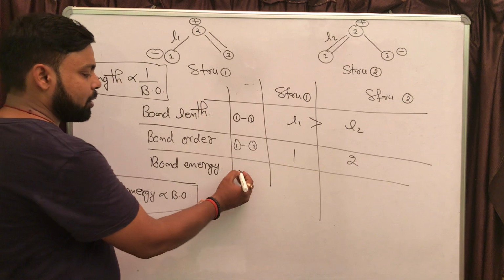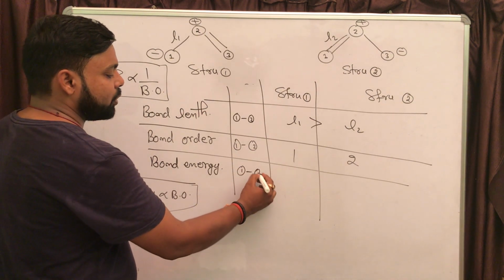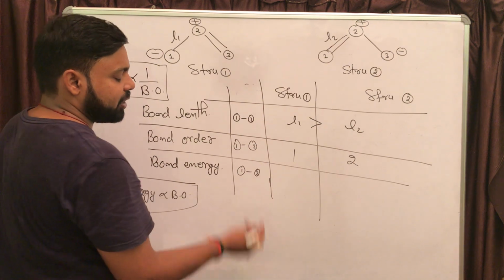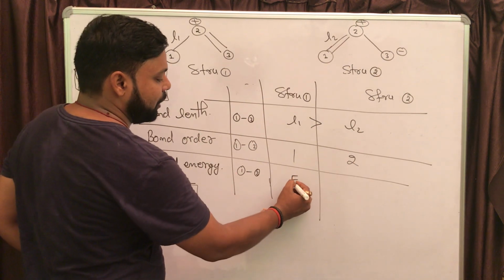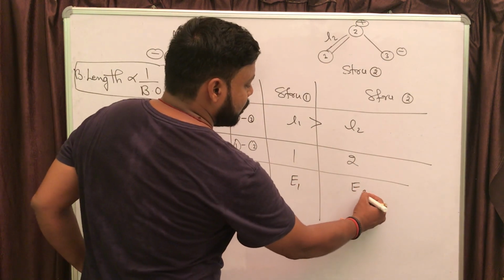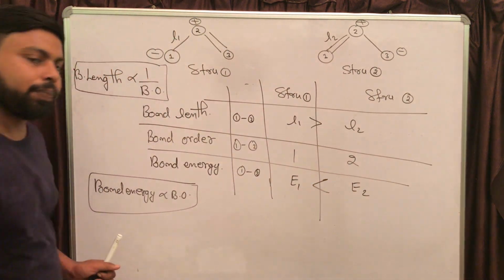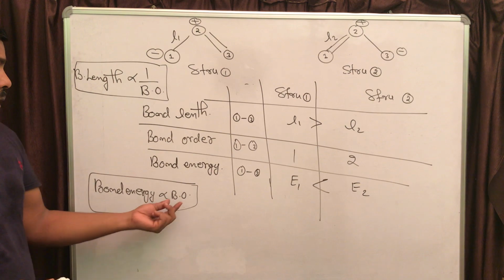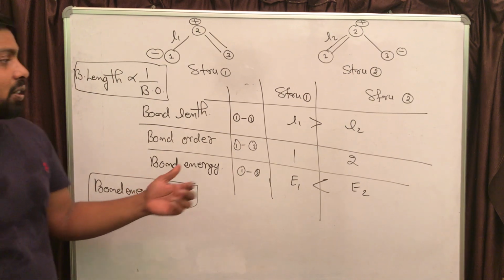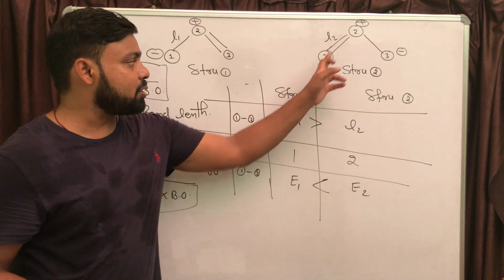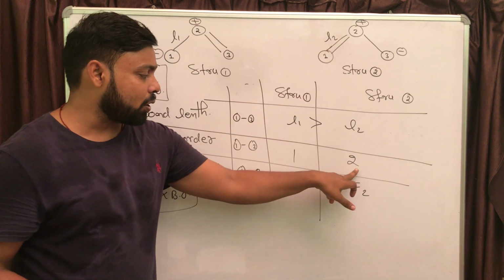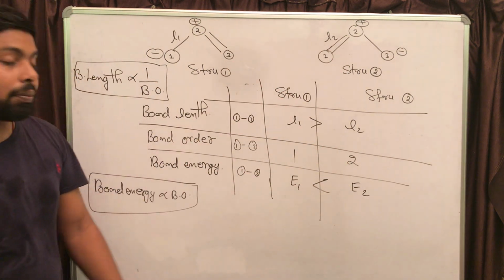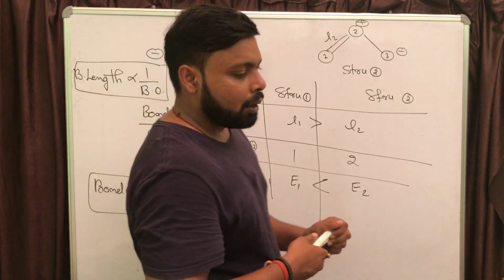So if you compare the bond energy between oxygen 1 and 2 in structure 1 and structure 2, let us say represented by E1 and E2, definitely E2 is going to be more, because bond order is directly proportional to bond energy. In structure 2, between oxygen 1 and 2 there is bond order 2, so it is going to have more bond energy.